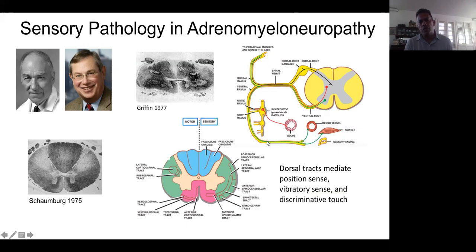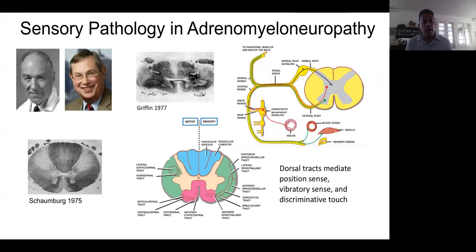And the nerves that lead from the periphery to the spinal cord have to go through a specific structure called the dorsal root ganglion. This is a very important structure for AMN. It is a structure rich in neurons and supporting cells, and there's a lot of metabolic activity here.